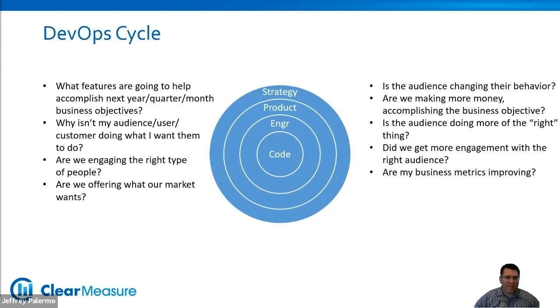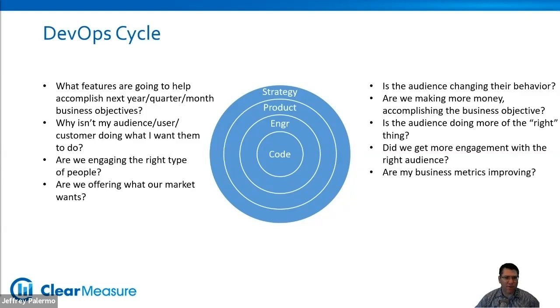Did we get more engagement with the right audience? Did we get more of an audience, a user base, a customer base? Are our business metrics improving? Okay, that's the bottom line right there. Our business metrics, because if we didn't want to change anything about how our business is succeeding, why would we invest in this software?